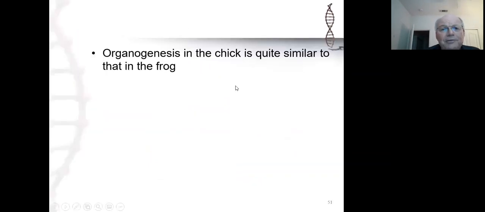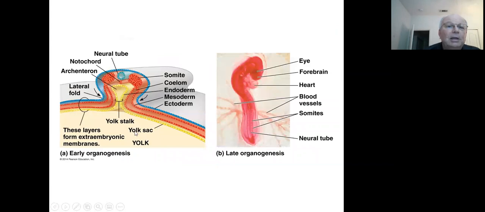Organogenesis in the chick as an example of a terrestrial vertebrate is very similar in that you get the neural tube forming first, the notochord condenses out underneath it, mesoderm condenses into the skeletal muscle, and you get the somites forming. The yolk sac, of course, is a feature that you're not going to see in a frog, because here we're talking an amniote.